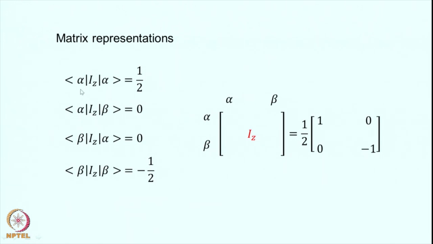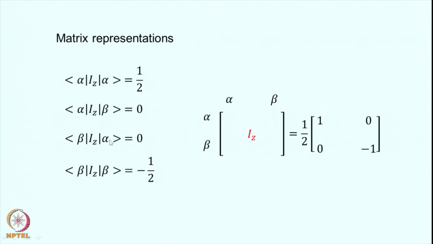Now, you notice Iz alpha gives me half alpha, right? So, alpha alpha goes to 1, as we saw in the previous slide, and therefore this gives me half. Iz beta gives me minus half beta. If I take minus half out, then I have alpha beta here, and that has to be 0 because these are orthonormal.